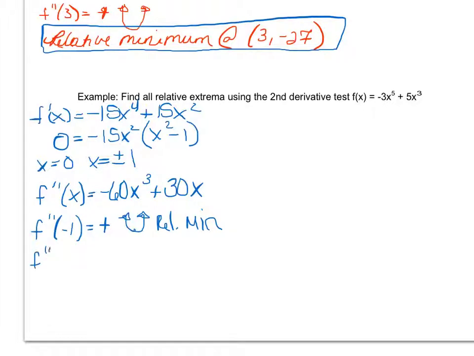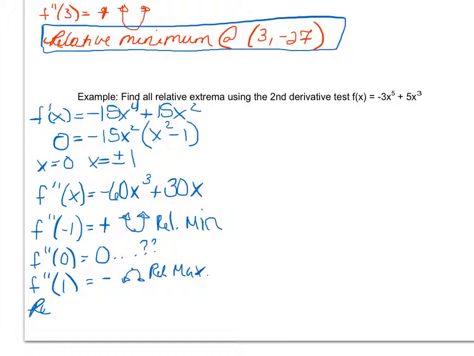And if I plug in 0, I get 0, which again is meaningless. I'll come back to that. If I plug in 1, I get negative 60 plus 30, which is going to be negative, which means I'm concave down. So my tangent line is above my function, which means I'm going to have a relative maximum there.